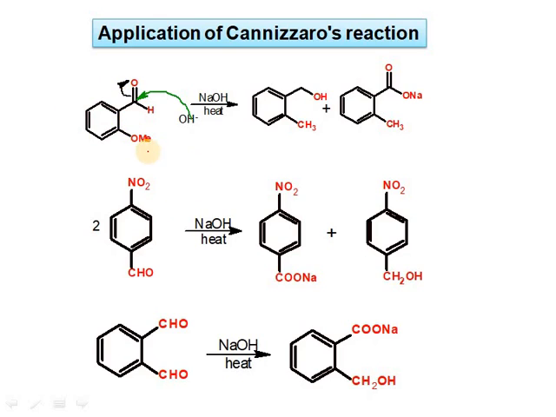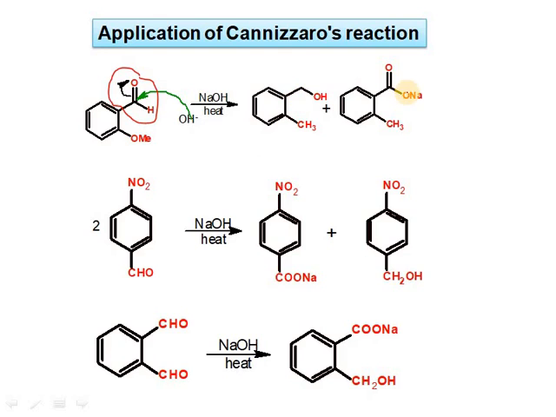Here, this ortho-methoxybenzaldehyde can be treated with NaOH to get substituted benzyl alcohol as one product and the second product is the sodium benzoate salt. The aldehyde group converts to CH2OH as one product, and the other product is COONa, the salt.